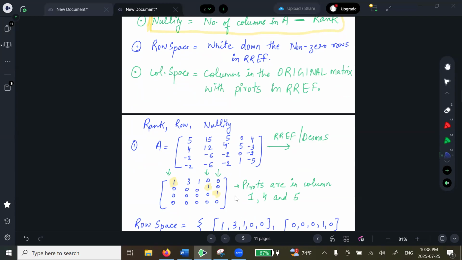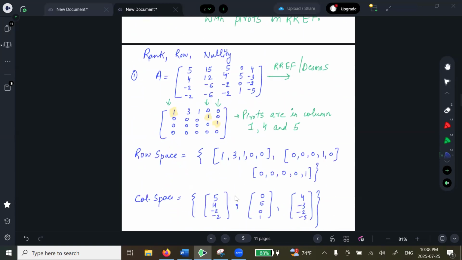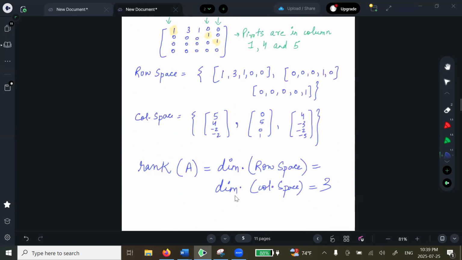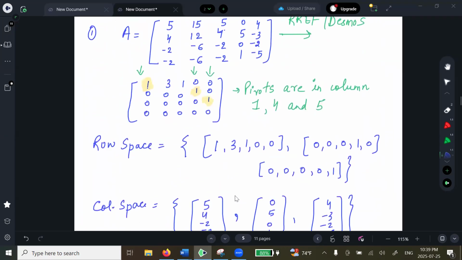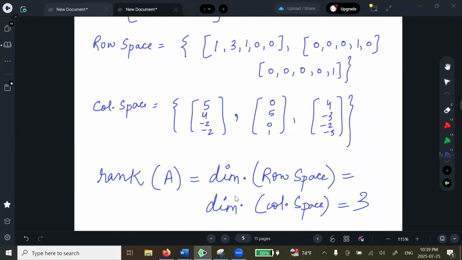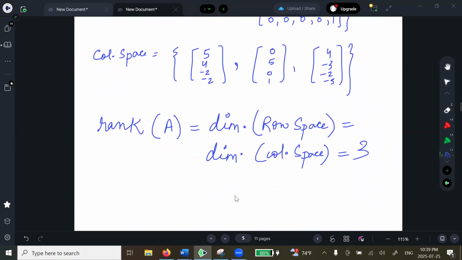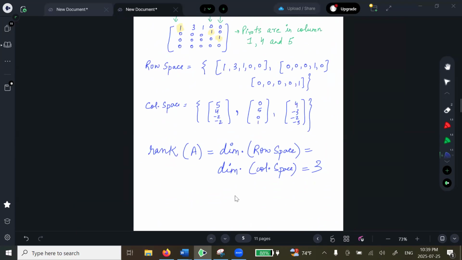Rank is 3. I should have 2 free variables. That's how you check. Okay, so far, any doubts? Can everybody do this in exam? Okay, so nullity is the last thing that you will need to check.